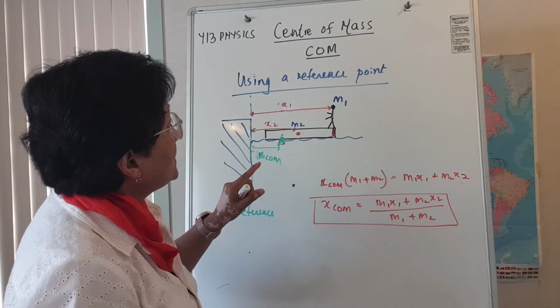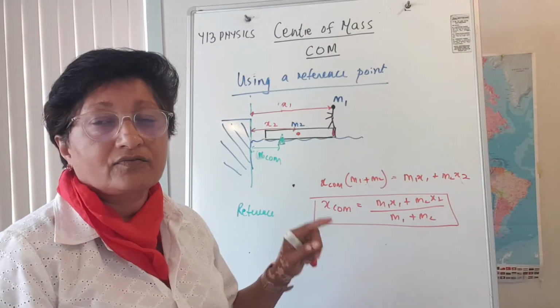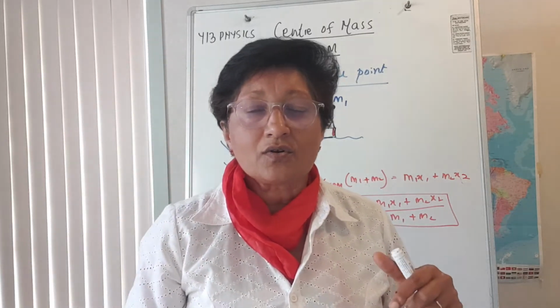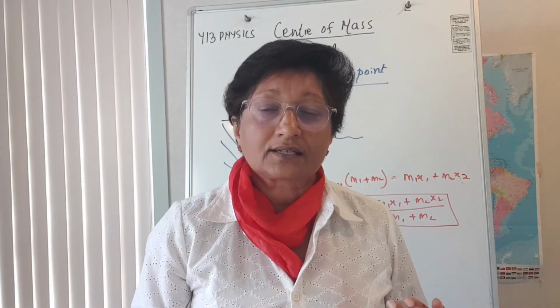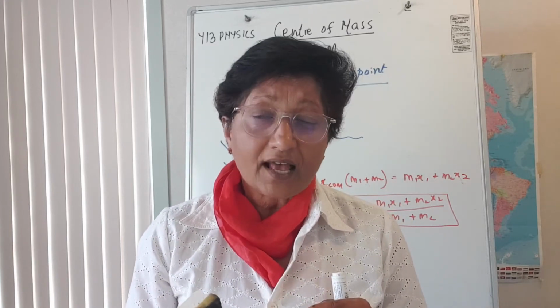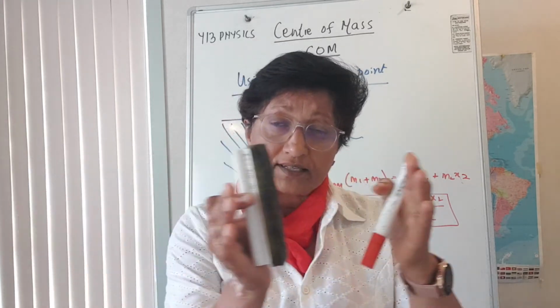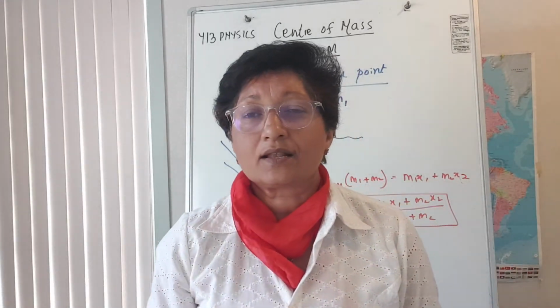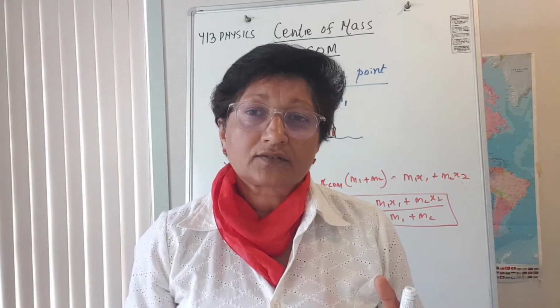So these are two ways of calculating the position of the center of mass. There's one other thing that you need to know, and that is, how do you calculate the velocity of the center of mass? This is if the whole system is moving, the center of mass of the system is moving as well. And this is to do with conservation of momentum.